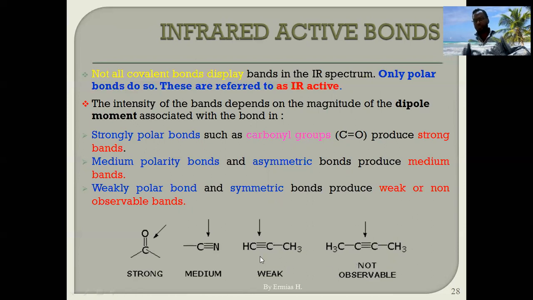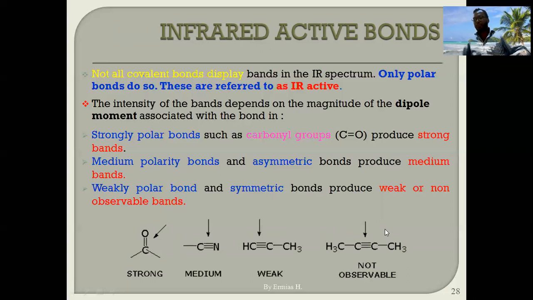In this case, a weak polar bond exists between the atoms, so it produces a weak band. In this case, there is a symmetrical bond. This one has carbon here, and again carbon here, so it is the same on both sides. This one has symmetrical bonds, so it is not observable, and it does not produce an IR spectrum.